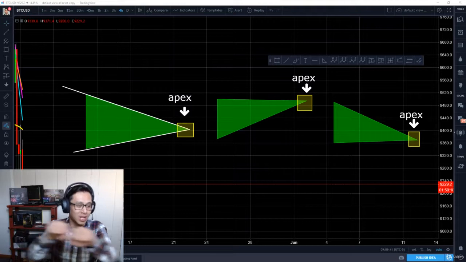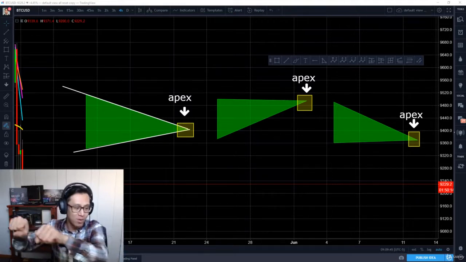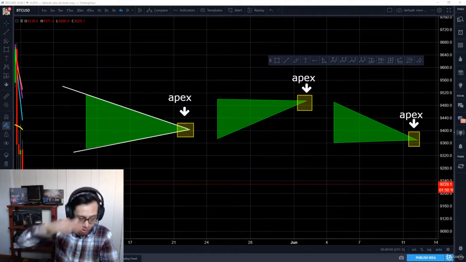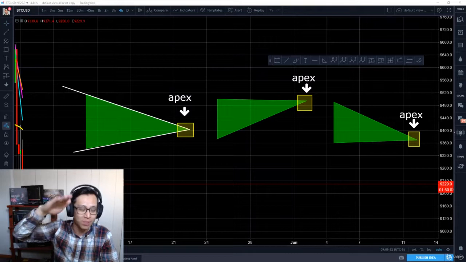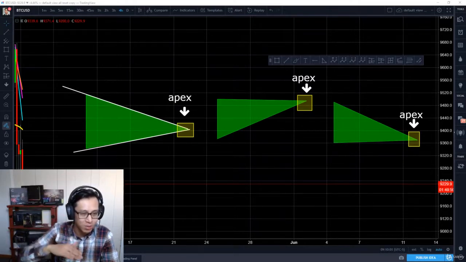Think of it like a tug of war, right? They're always fighting each other back and forth, back and forth, or in this case, trying to go up and down, up and down. The bulls want to raise the price for it to go up. And the bears want the price to go down because they want cheaper coins, right?